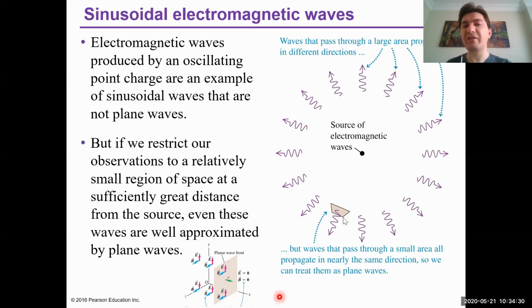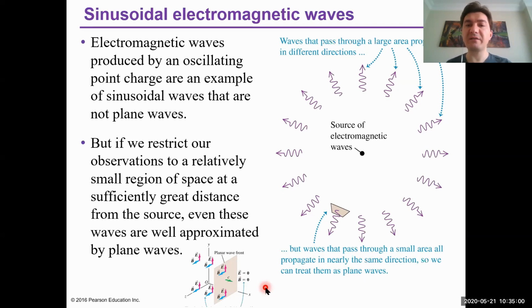Just consider that we are far from the oscillating point charge. This position is very far from the oscillating point charge, and if you choose a very small area here, you can consider that it is also like a plane wave.